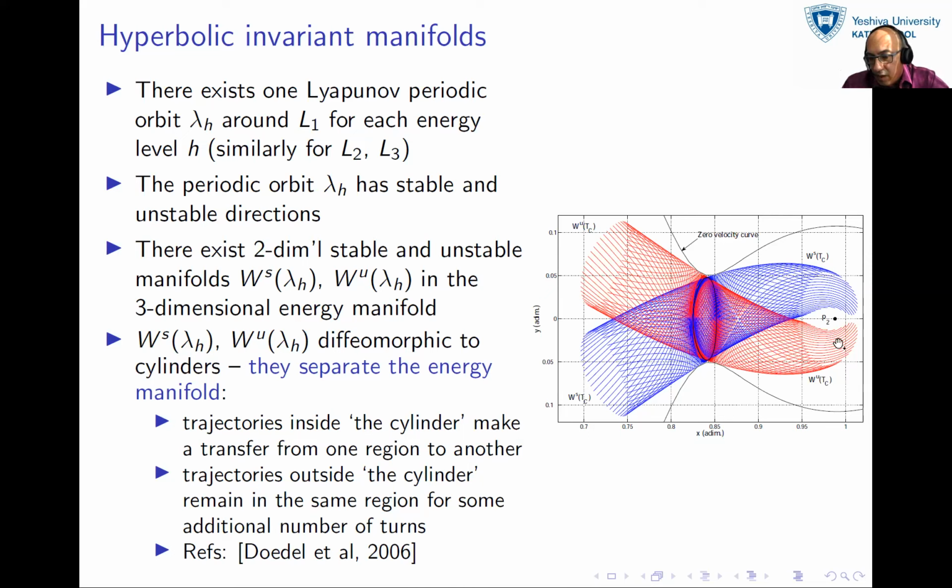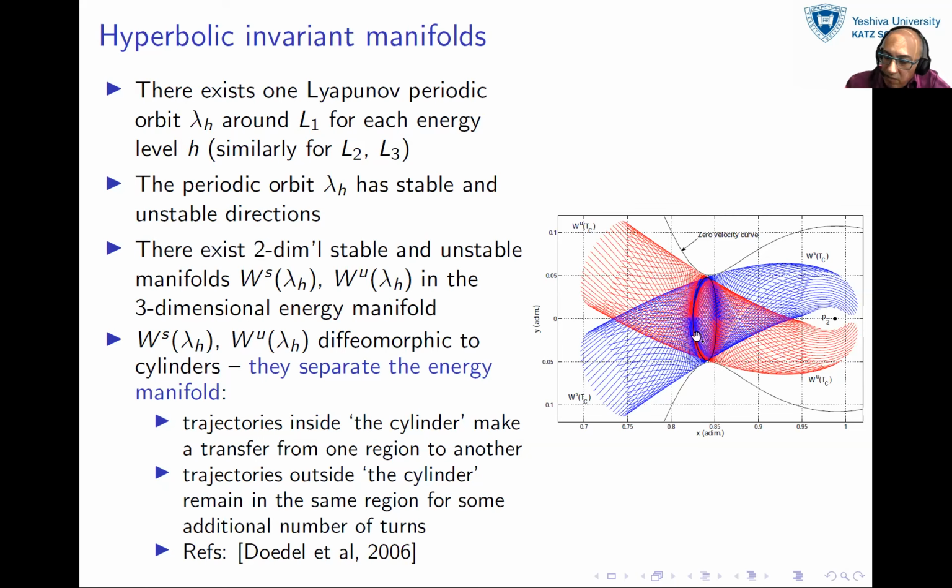If you put it on the red cylinder, you can start very close to the Lyapunov orbit and it will move on its own away. So this is the unstable manifold in the sense that it takes you away from the Lyapunov orbit towards the moon. The stable manifold takes you from the moon towards the Lyapunov orbit.